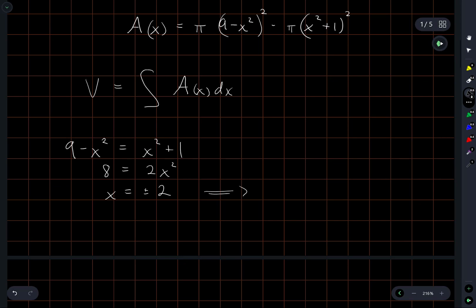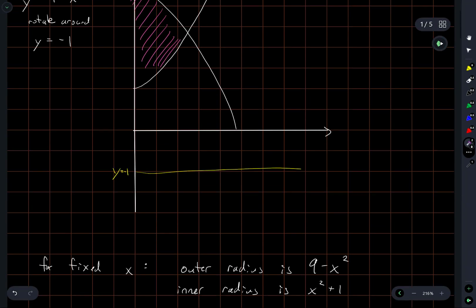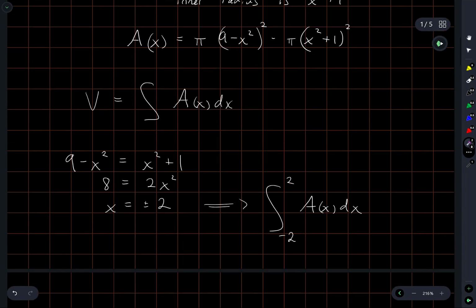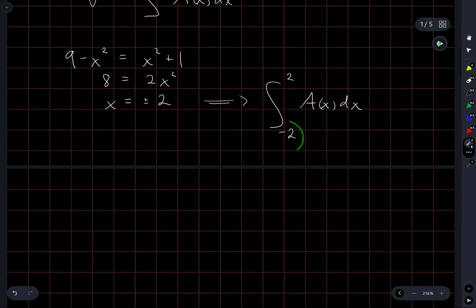So my bounds of integration are from -2 up to 2. So I have in fact included the negative values of x here. I'm not going to multiply this by 2. I haven't drawn it on the figure, but the other part of the two curves for negative values of x are now being included by putting this -2 lower bound.